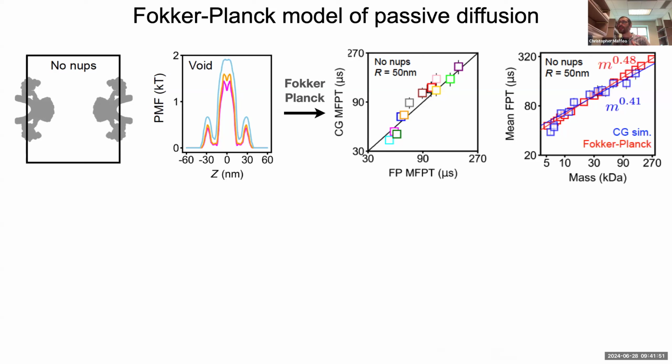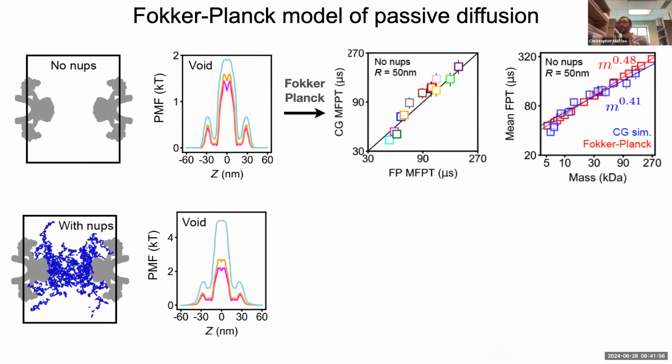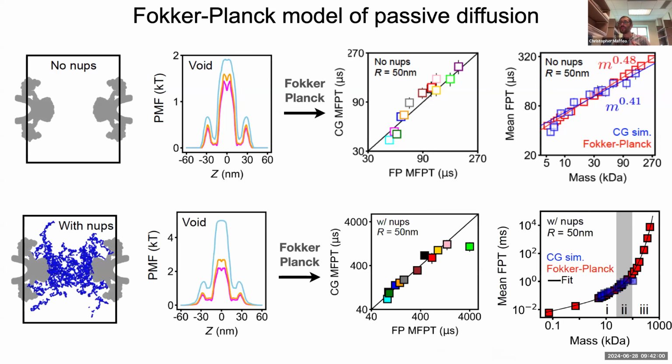And then you can extract scaling relations, whatever you want. The nice thing is that we get good agreement between the coarse grain simulation and this Fokker-Planck method, but the Fokker-Planck method can be performed for very large proteins, which were inaccessible to even the coarse grain simulations.